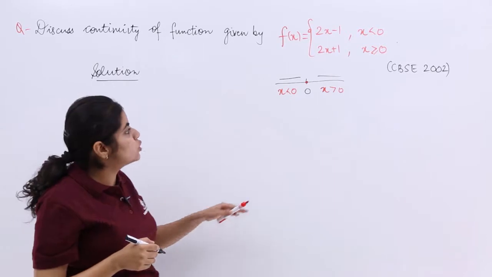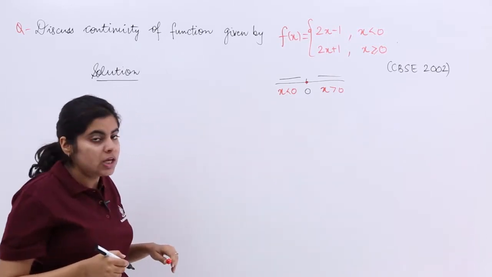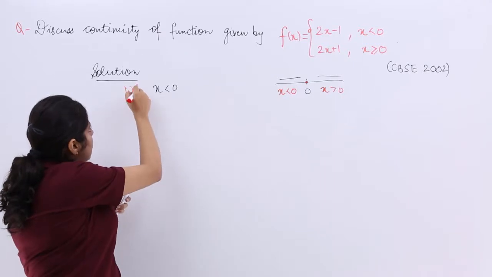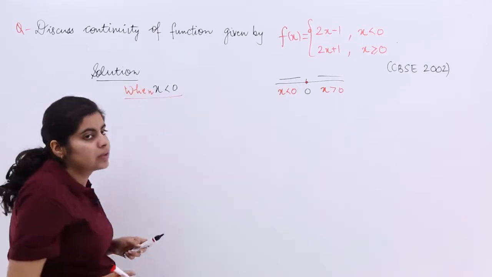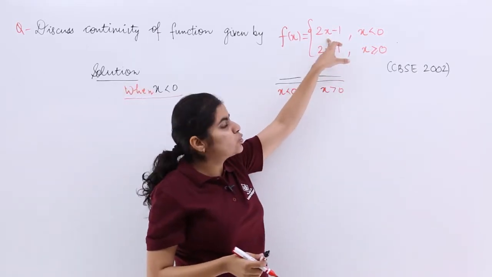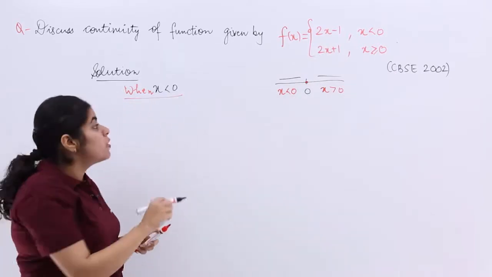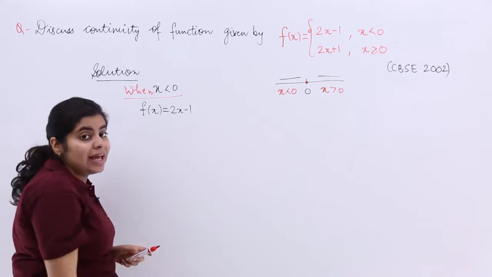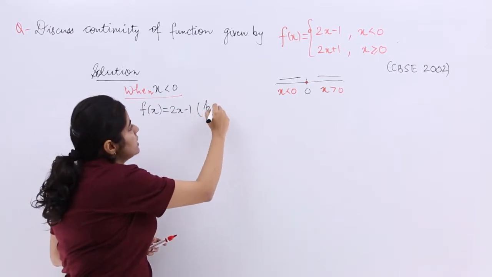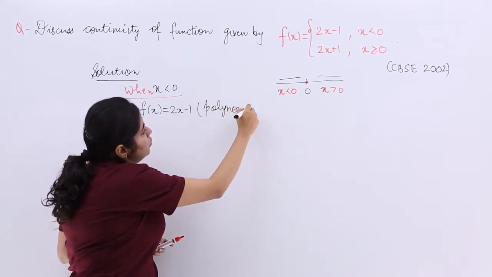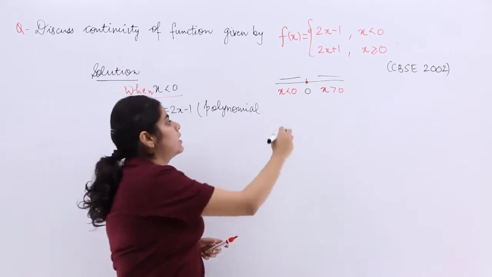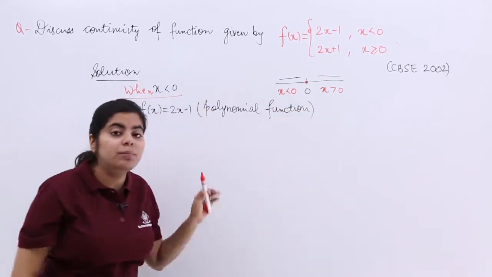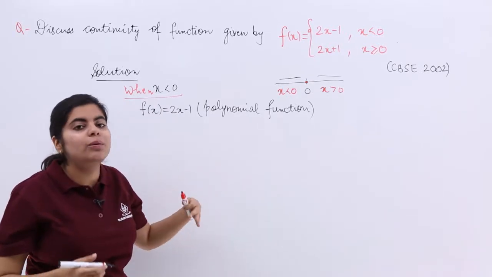Now what about when x is less than 0? I just put the heading, when x is less than 0, we have the function 2x minus 1. When x is less than 0, f(x) is equal to 2x minus 1, and it is what kind of a function? It is a polynomial function, and a polynomial function is always continuous.